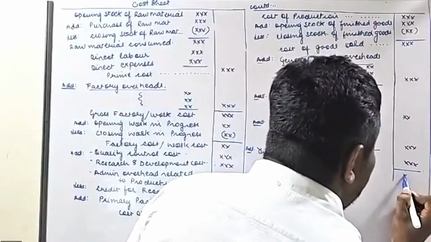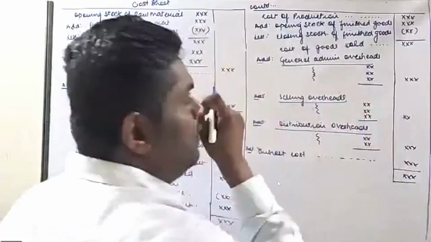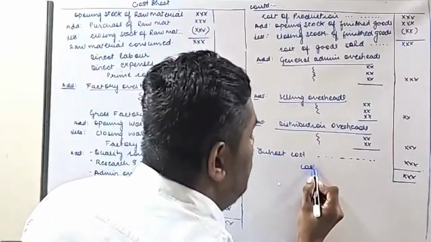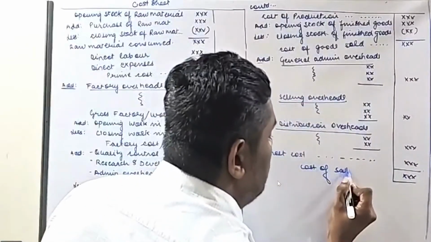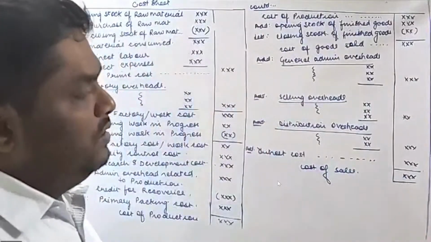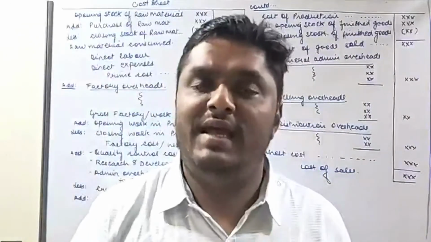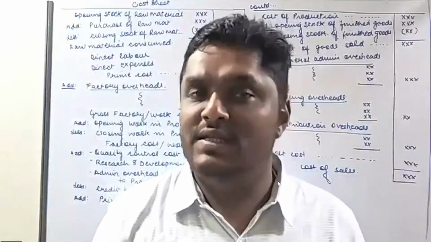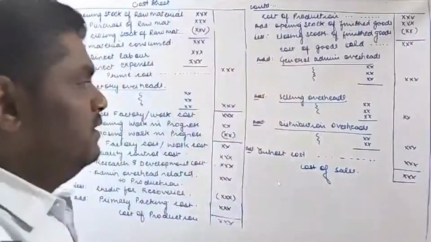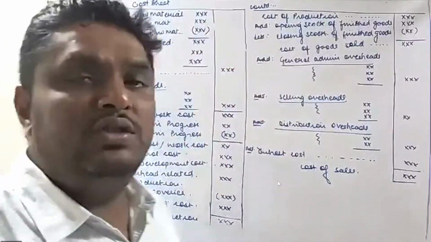So after making these adjustments in the cost of goods sold, we will get cost of sales. So once the cost of sales is calculated, this is the final figure. We can say the total cost of the product. So this is how the cost sheet is prepared.